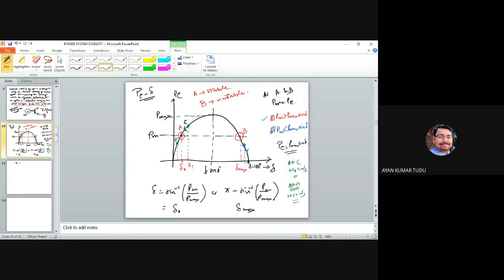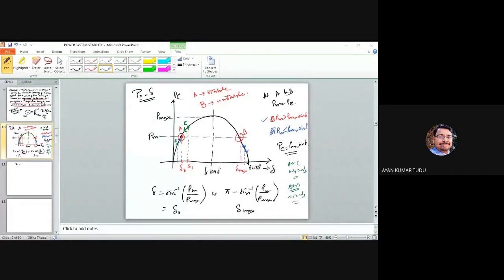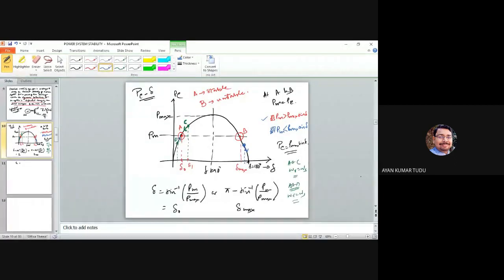This continuous to-and-fro motion will go on until there is some sort of damping in the system, which will damp it out, and the operating point settles down at the point where the mechanical input power is equal to the electrical output power. Understood?